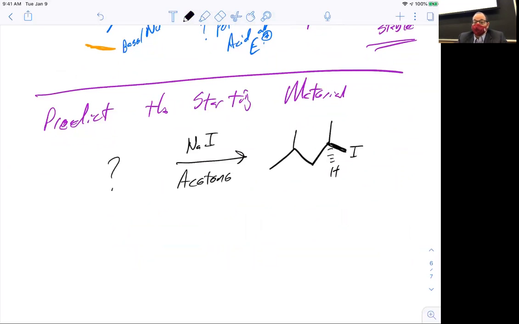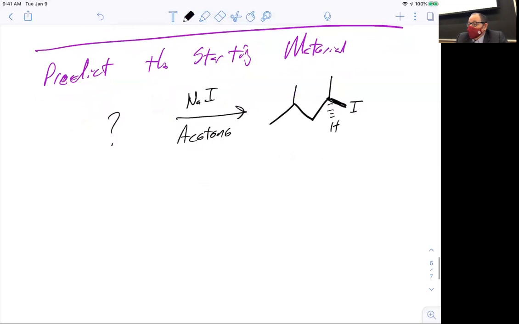Let's take a little time and look at this one. So it is helpful here to think about what potentially could be going on, but we also have to think about our reactants here.